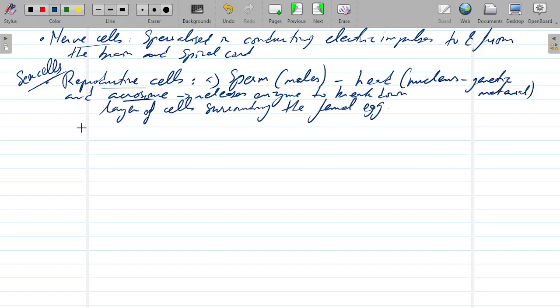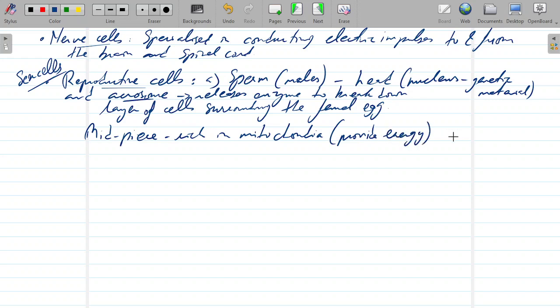It also has what's called a midpiece that is rich in mitochondria, and we know what mitochondria do. They provide energy, although we haven't gone into detail about that, but it's come up a few times. And it also has a tail for movement, and the textbook has an image of this.